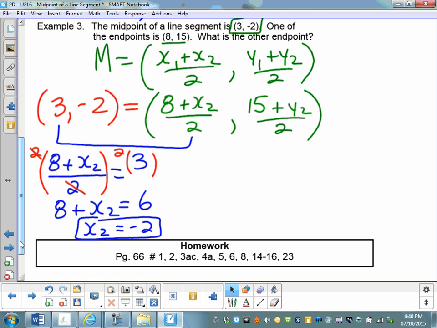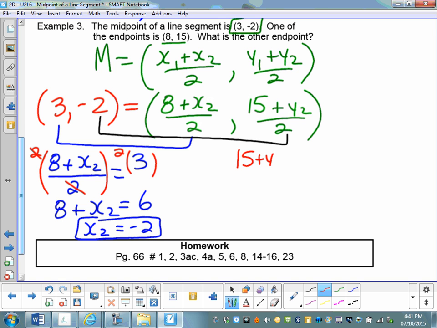Now I'm going to do the same thing, but with the y part. So now it's going to look like 15 plus y2 over 2 equals -2. Same thing here.